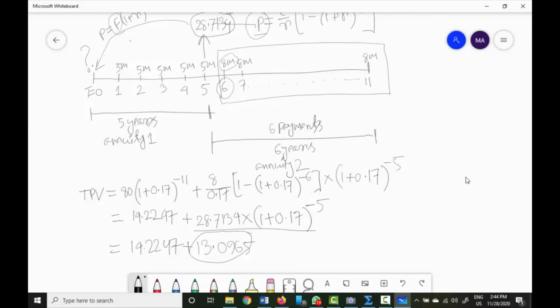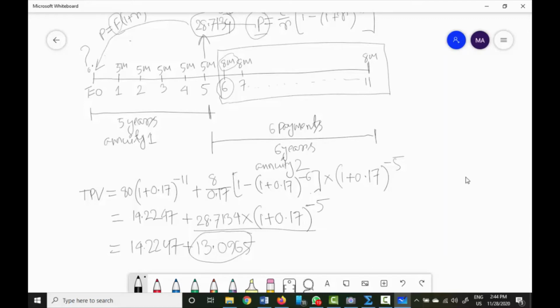So for annuity 2 cash flows, we first calculated the present value at period 5, and then we calculated the value at period 0. First we jumped to period 5, and then we made another jump to period 0.